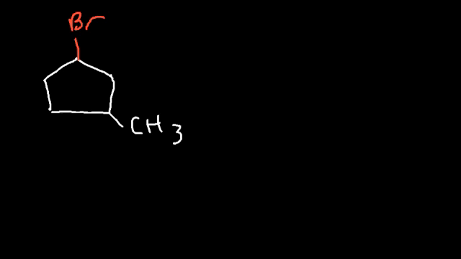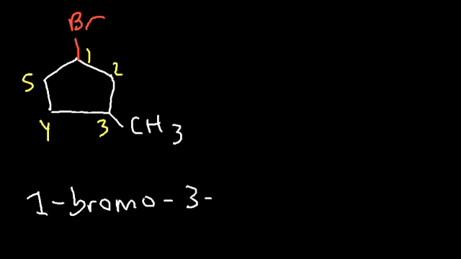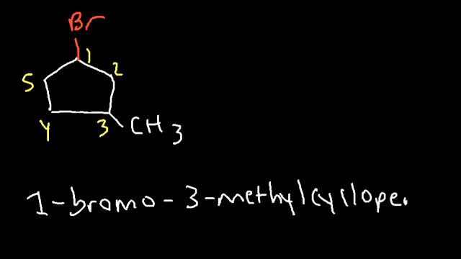And Br comes before M, so we're going to assign the bromine carbon 1. Since we need to alphabetize it, we want to put the numbers in increasing order. So it's going to be 1-bromo-3-methylcyclopentane, because there's 5 carbons in the ring.